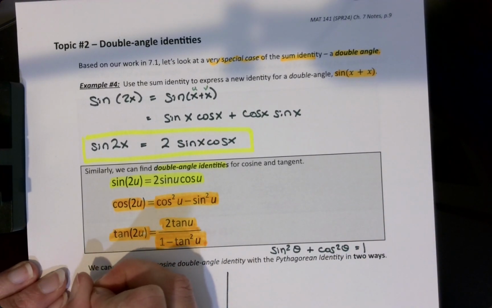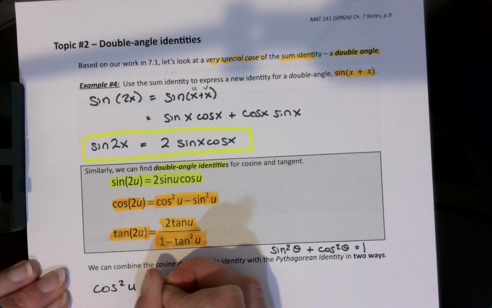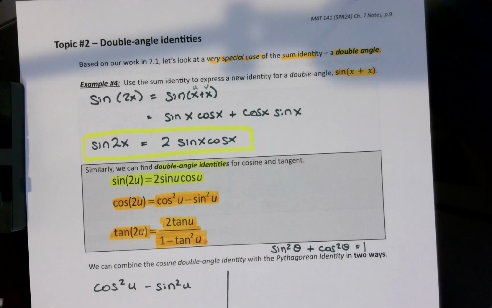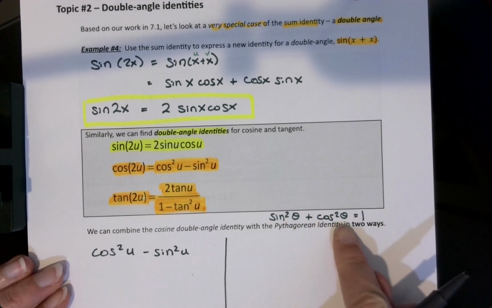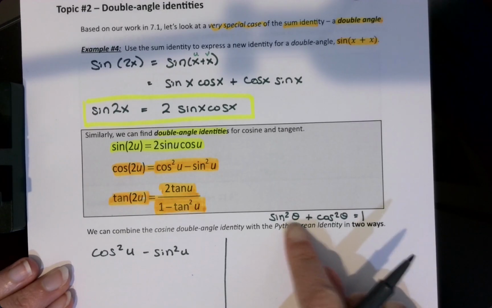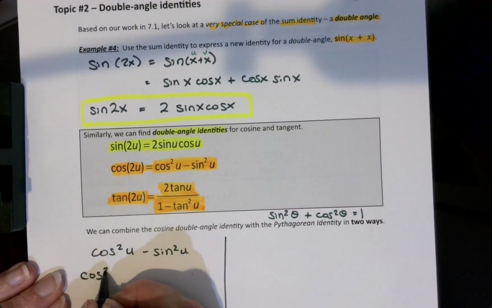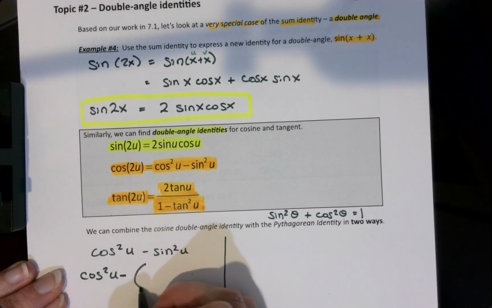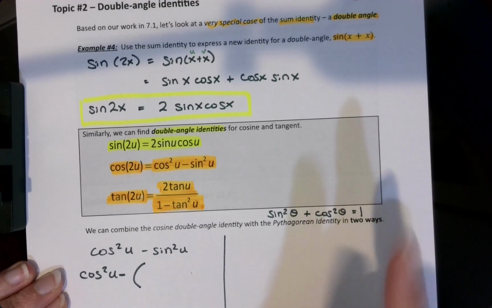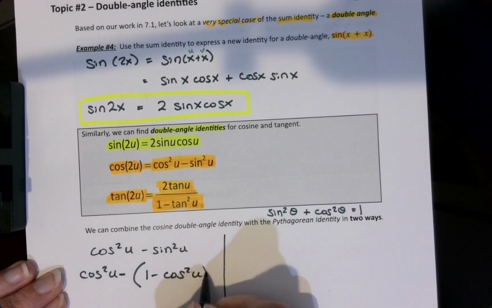So if I take a look at cosine squared u minus sine squared u, if I solve my Pythagorean identity for sine squared theta, I would have 1 minus cosine squared theta.